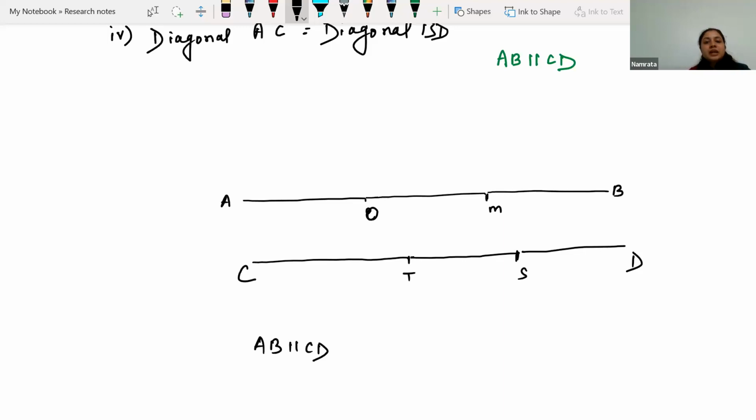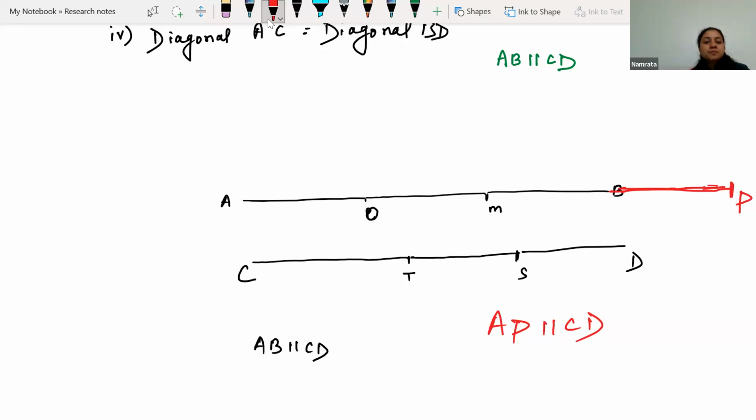Now if you extend this line AB and call this point P, then AP will also be parallel to CD. Even if you are stretching the line, it will still be parallel to the other line.